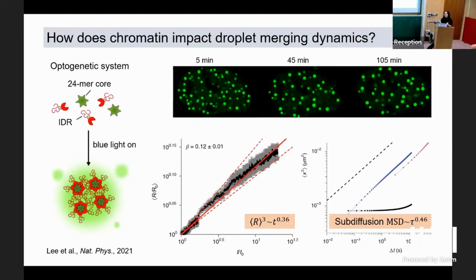But this is not true for protein condensates. There have been multiple studies showing that you can form 100 nanometer clusters, and since they are quite stable, they probably run into each other because they have to do Brownian motion in the solution, but they don't merge. So indeed, there are lots of things that should be modified here.